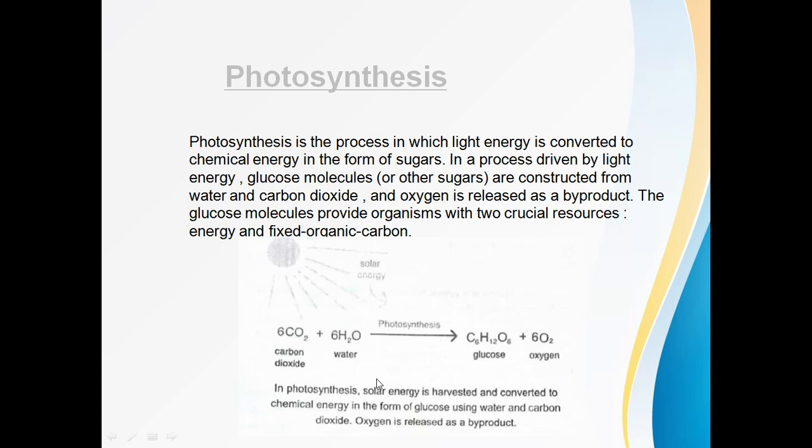In photosynthesis, which form of energy is used here? The sunlight, to synthesize their own food. The plants use carbon dioxide and water to produce glucose and oxygen.